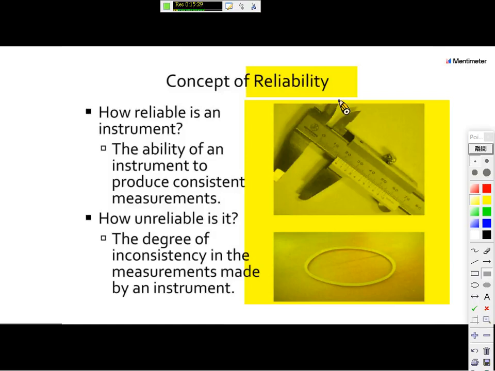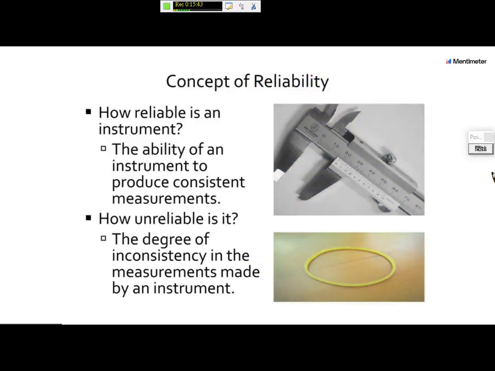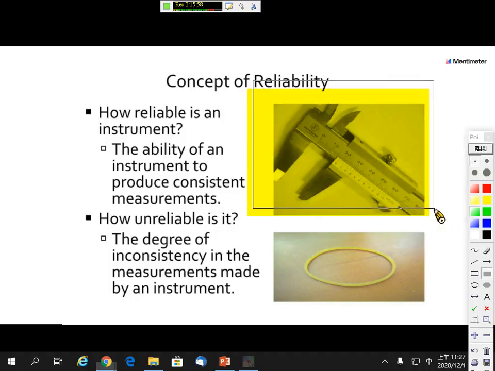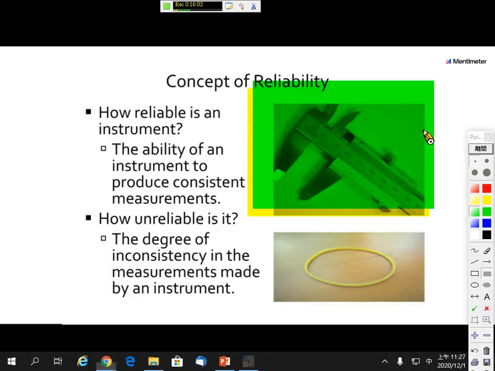But among the valid instruments, we need to choose which one is more reliable, right? So look at this. Which one is more reliable? Of course, we will all agree on this one, right? This one is more reliable because we saw two different features here. The first one is more precise, with the quality of precision in it.